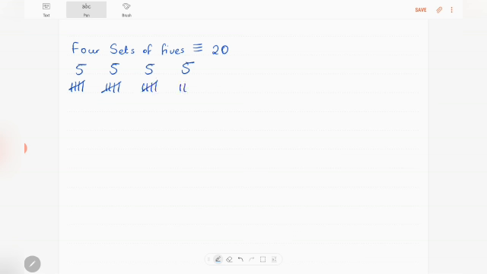Now that we have this established, we know that we are not exactly looking for 20, we are looking for 23. But 4 sets of 5s is for 20. So we subtract 20 from 23. And we get 3. Now 3 is the final value that is missing here, and we represent it by 3 vertical lines.